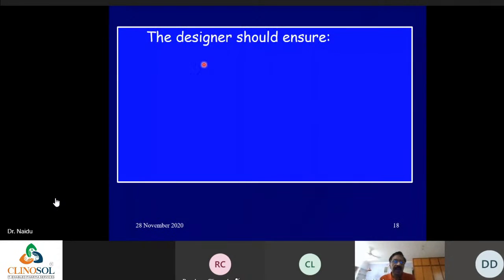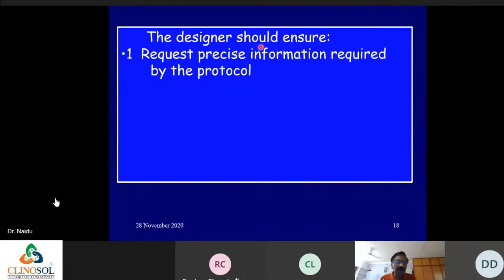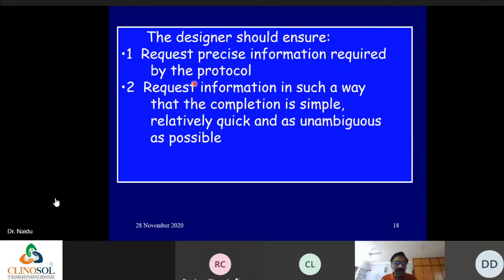And then the designer should ensure, when everything is there, that the requested precise information required by the protocol is there or not. He rechecks what the protocol is asking and whether all these things are there in my case record form. The information should be requested in such a way that completion is very simple, relatively quick and as unambiguous as possible.